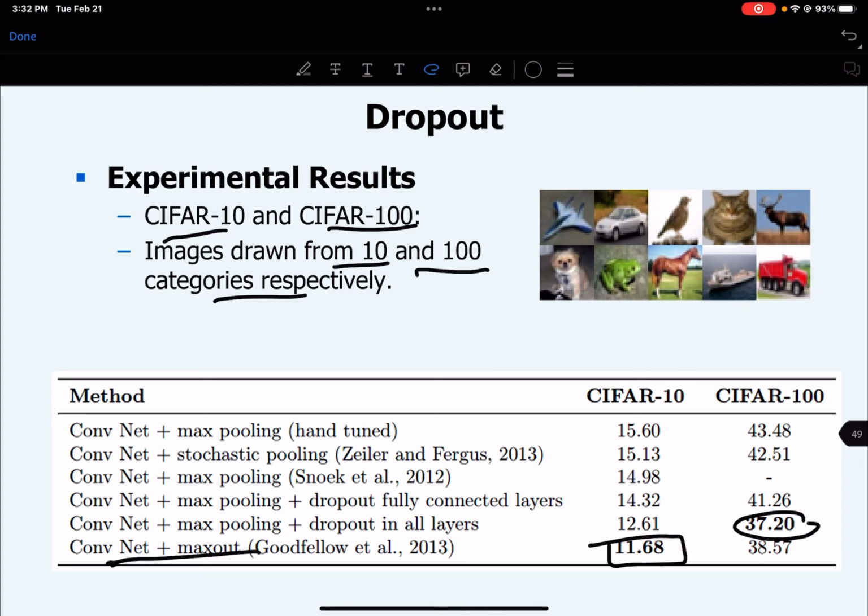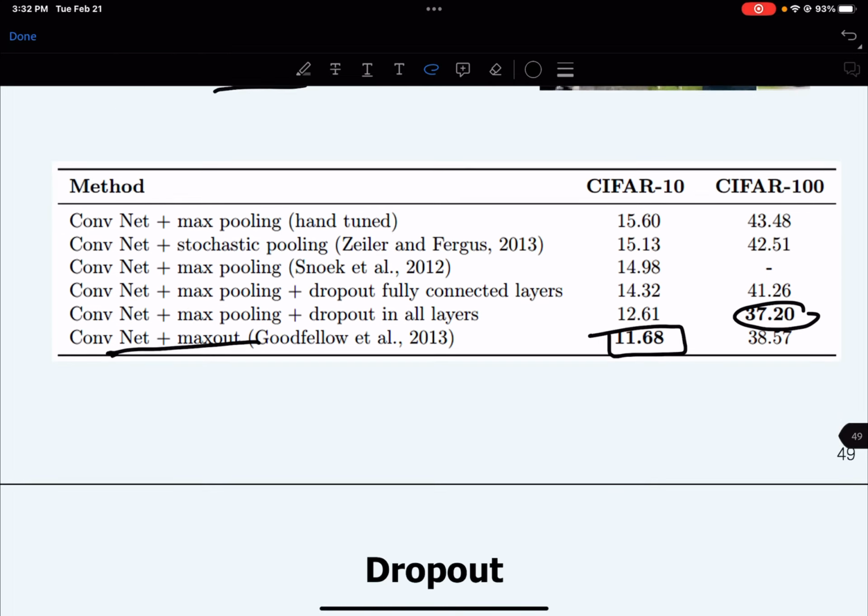So what we are trying to prove here, or trying to understand here, is that Dropout does play a significant role in reducing the complexity in the network training. With a simpler structure, the network is able to learn better.